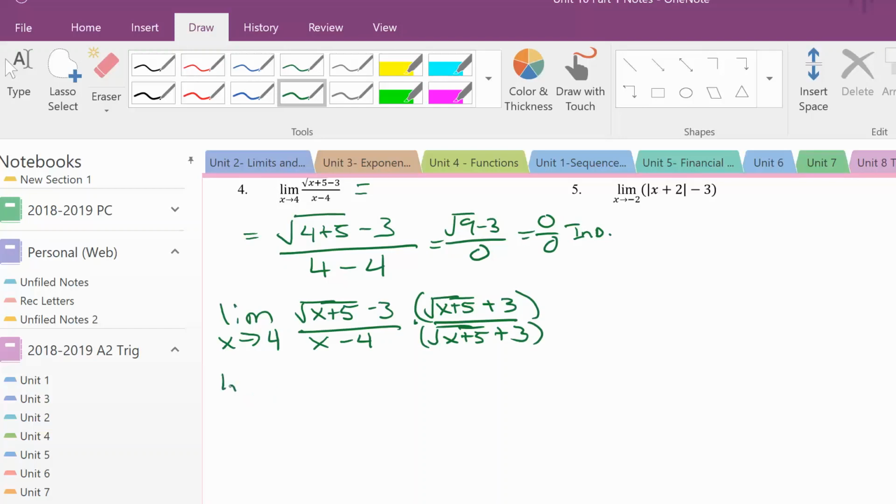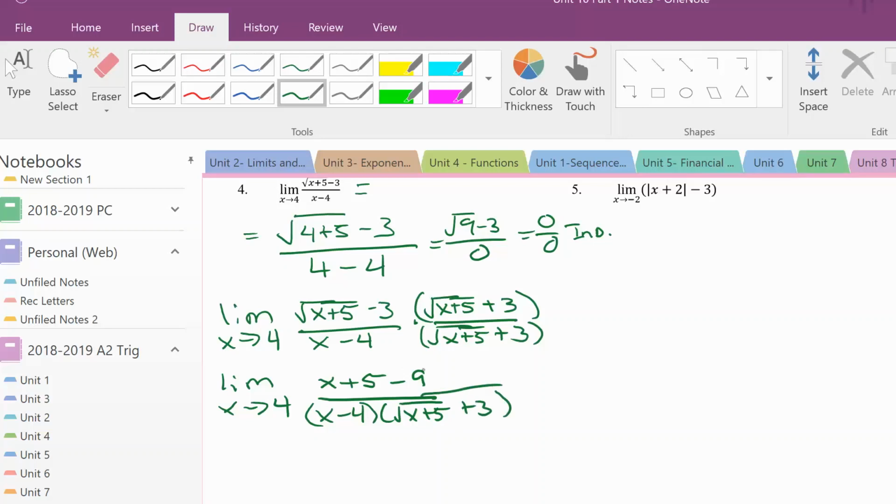So we get the limit as x approaches 4 of, when we FOIL here, x plus 5 minus 9 over x minus 4 times rad x plus 5 plus 3.